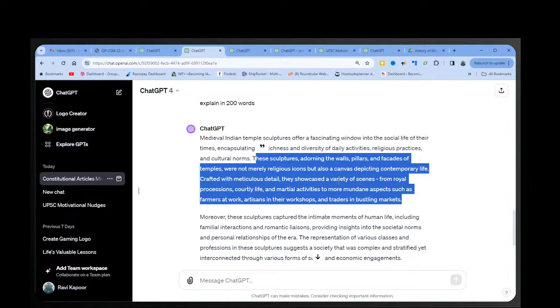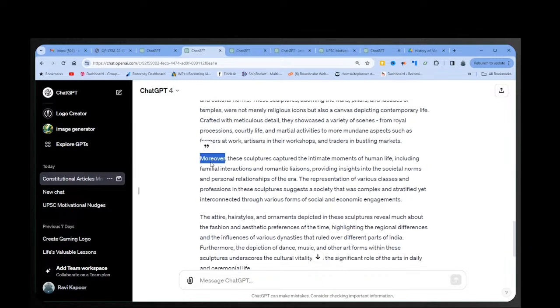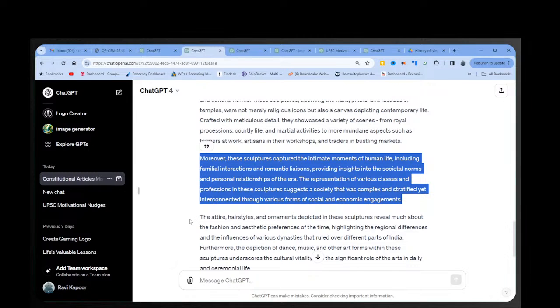Crafted with meticulous detail, they showcase a variety of scenes from royal processions, courtly life, martial activities, to more mundane aspects such as farmers at work, artisans in their workshops, and traders in bustling markets. Moreover, these sculptures captured the intimate moments of human life, including familial interactions and romantic liaisons, providing insight into the social norms and personal relationships of the era.